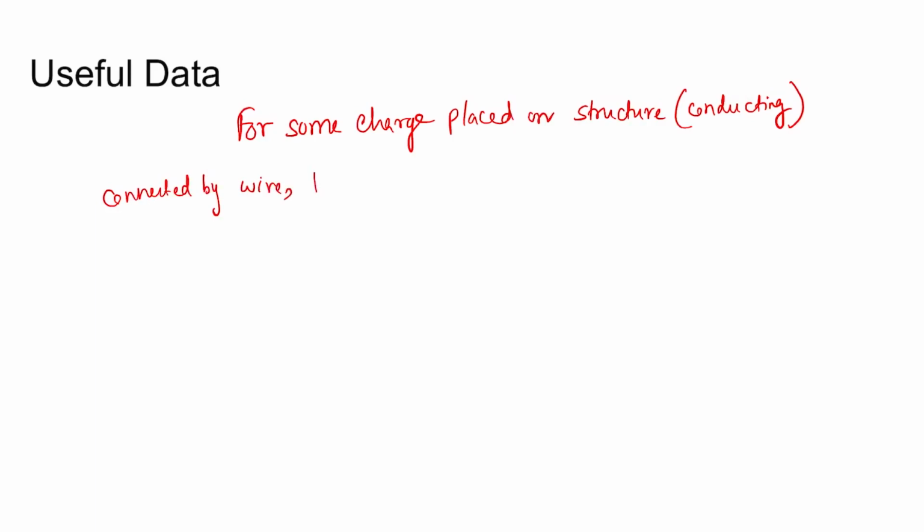wire, then as you know, let's say this is a battery and this is another battery. If both are 5 volts, no charge will flow, that is, no current will flow. But if there is a potential difference, charge will continue to flow until both the potentials become equal.